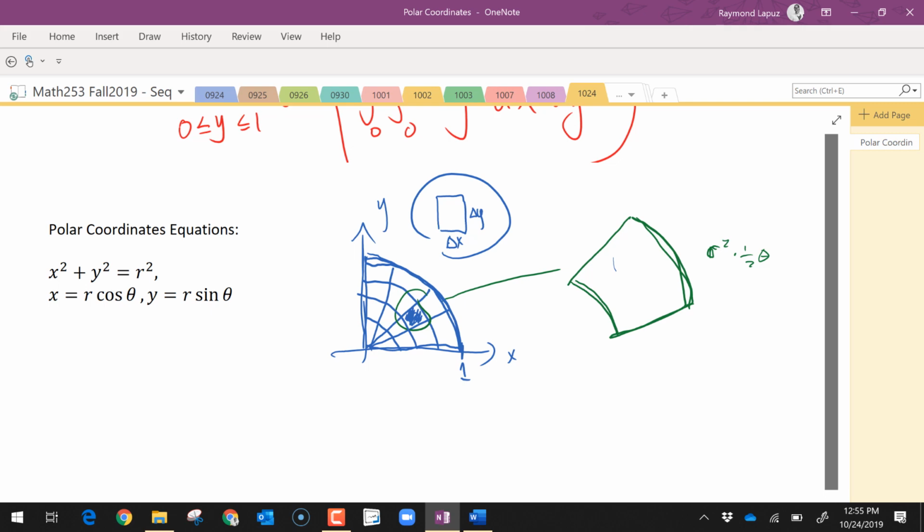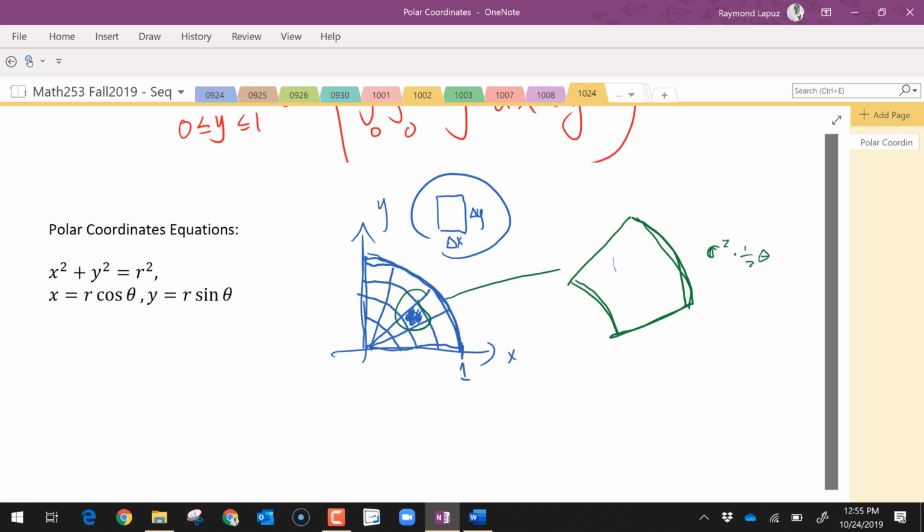So how is this related to this? Well, if we're making our cuts according to the polar coordinate measurements now, we're making angular cuts and angular distances with theta.